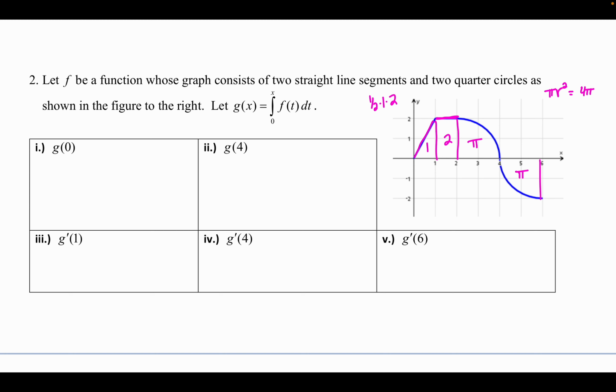So what we're going to do is figure out what is g of 0. So g of 0 is plugging in 0 to our function. So it is the integral of f of t from 0 to 0. So we know from Tuesday that this is actually just 0.